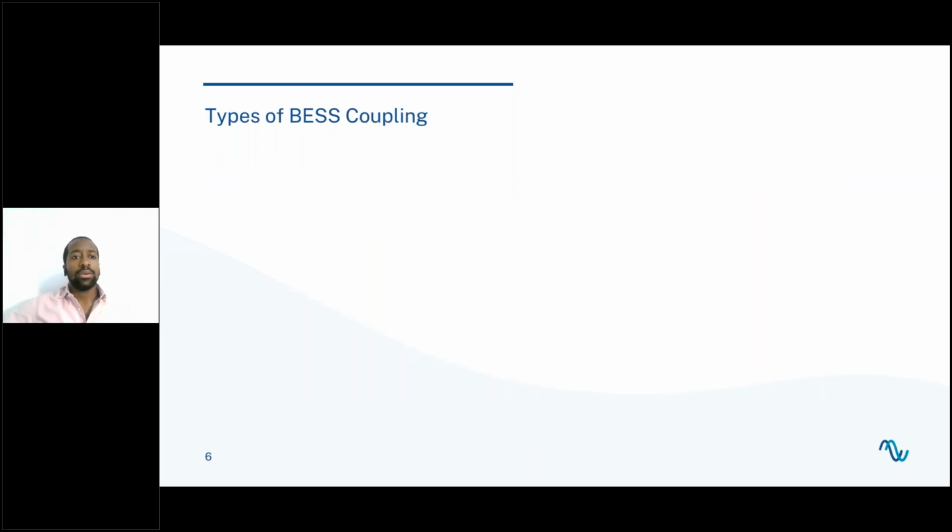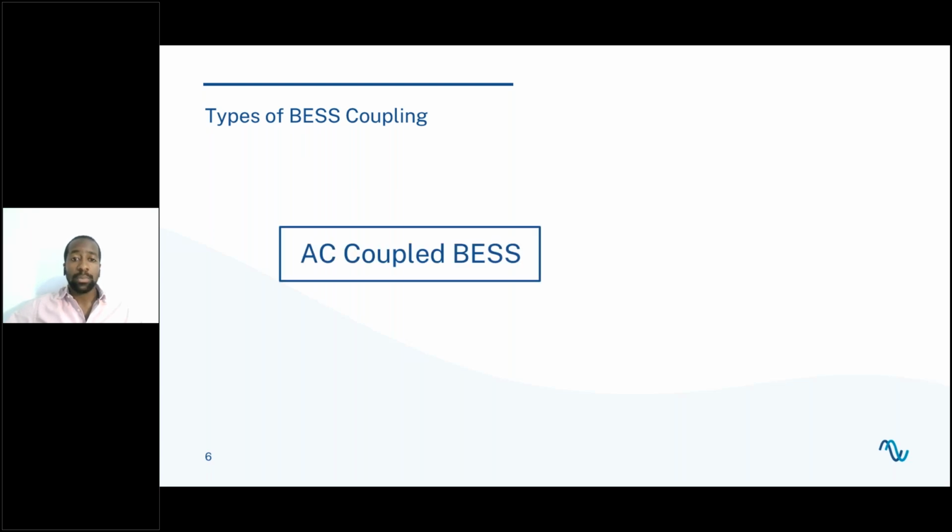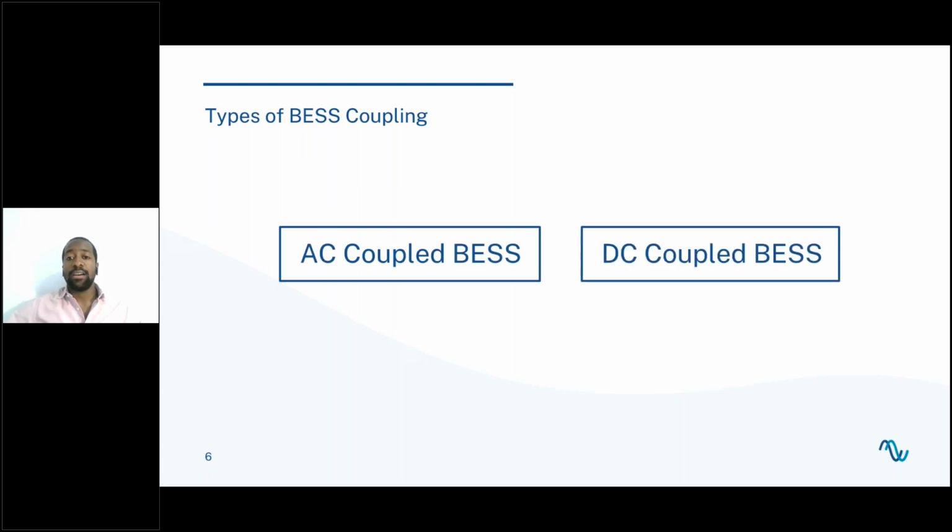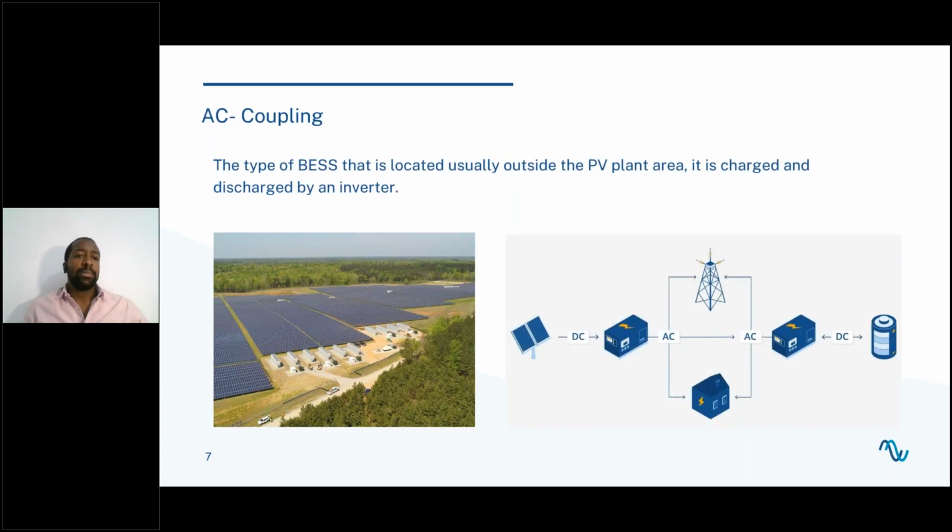So now we're going to talk about the types of BESS coupling. We have AC coupled BESS, and we also have DC coupled BESS. The AC coupling is the type of BESS that is located usually outside of the PV plant, and it can be charged and discharged by an inverter.